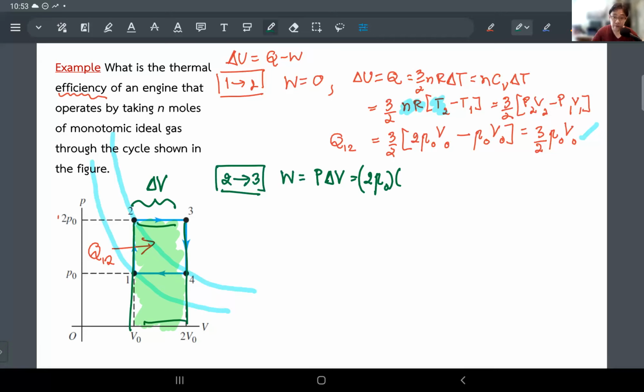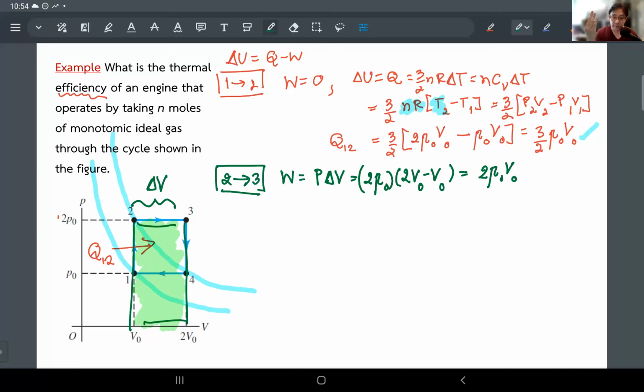So it's going to be final volume minus initial volume. From 2 to 3, it's expanding because the final volume at 3 is larger than at 2, so you're going to get a positive number out of this. So it's going to be 2V naught minus V naught. You guys with me? All right, very good. And that's it. So I get 2P naught V naught. That's the work done during the 2 to 3 segment.